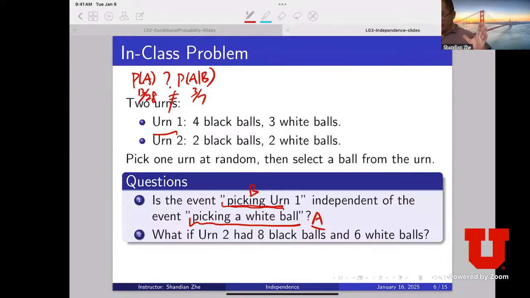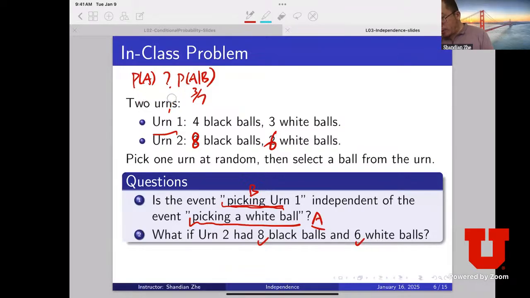But let's change the setting a little bit, and then check whether A and B are independent. Now, if we put 8 black balls and 6 white balls into N2, let's see what happens. So now N2 will contain 8 black balls and 6 white balls. The calculation procedure is the same.